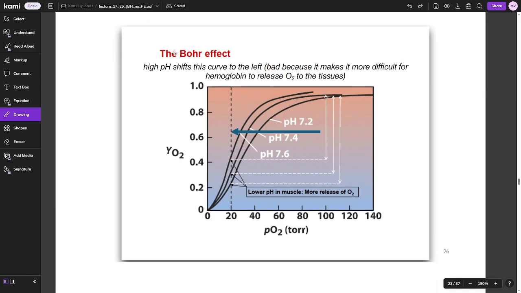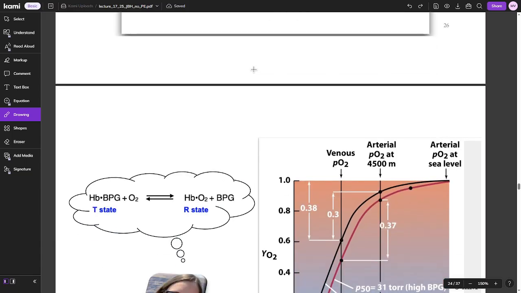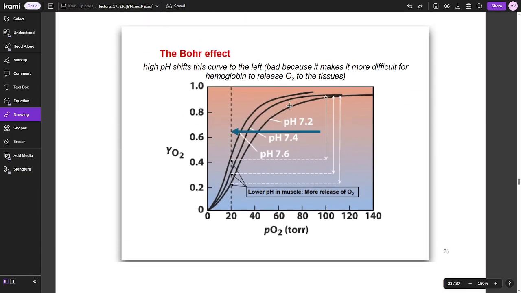And the Bohr effect, right? Again, I feel like you guys are probably not going to be tested on this stuff again until the final. But generally speaking, if you remember how the Bohr effect works, I'm not going to go over that in depth.